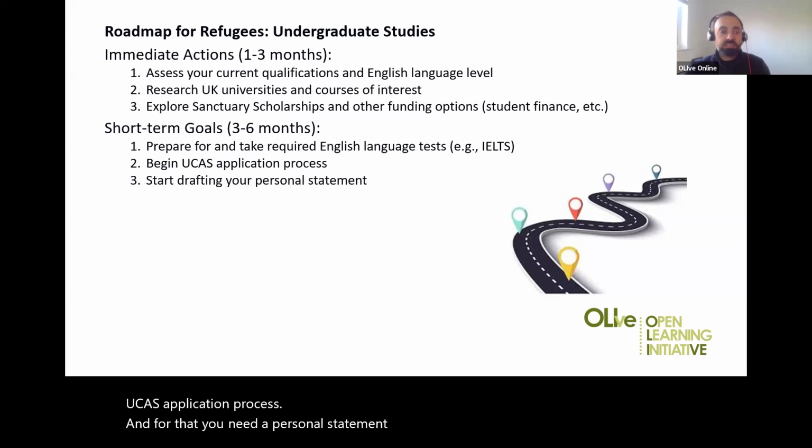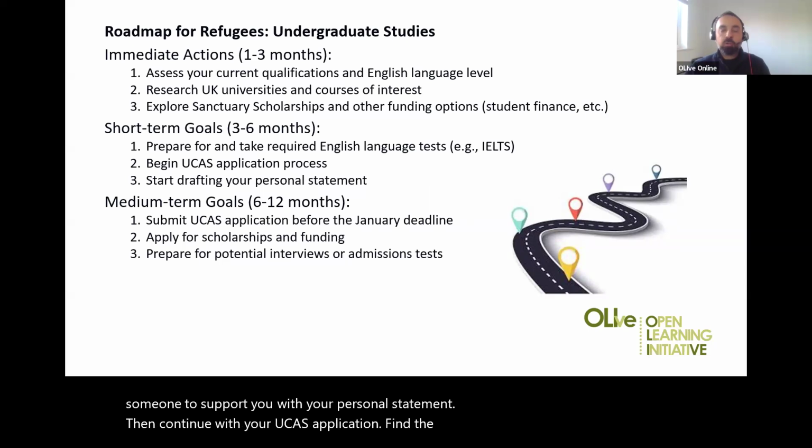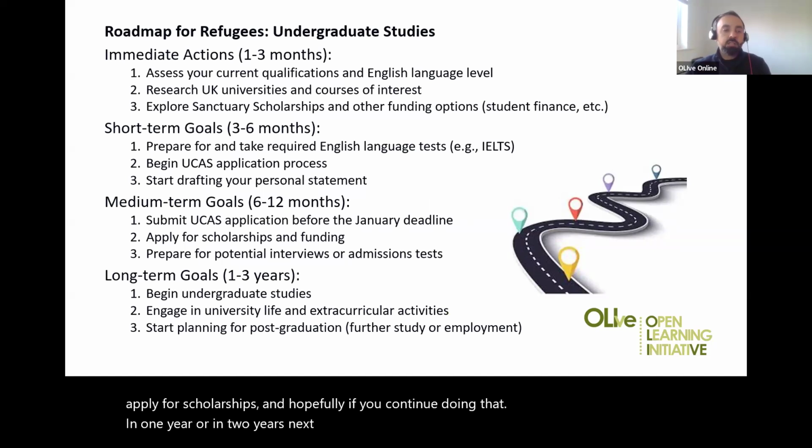Start work on your personal statement and have someone to support you with your personal statement. Then continue with your UCAS application, find the universities that you want to apply to, apply for scholarships, and hopefully if you continue doing that in 1 year or in 2 years, next year or the year after, you would be able to go to university.